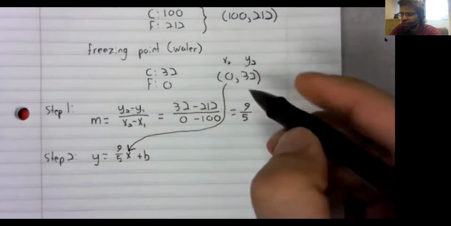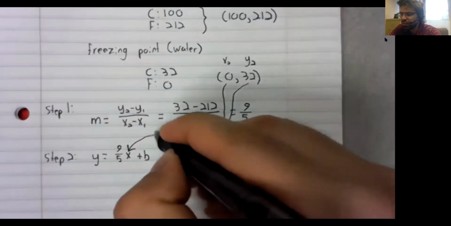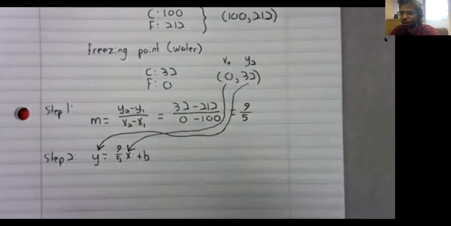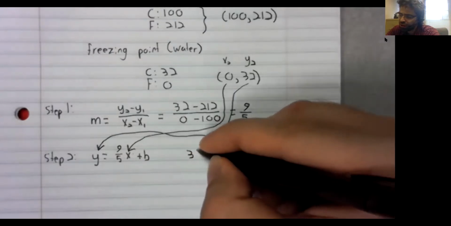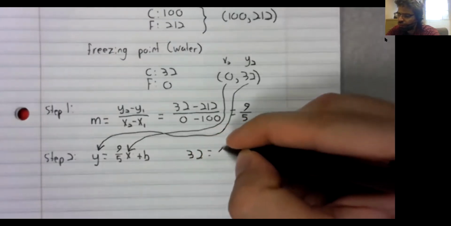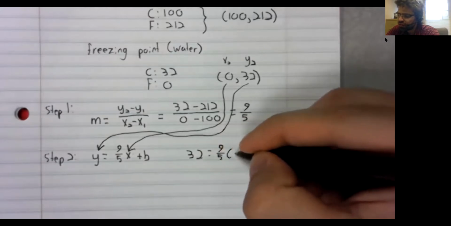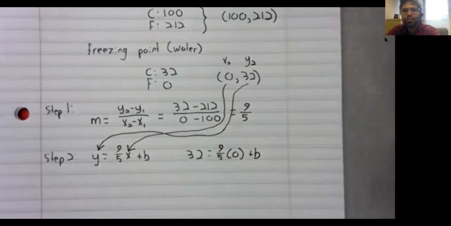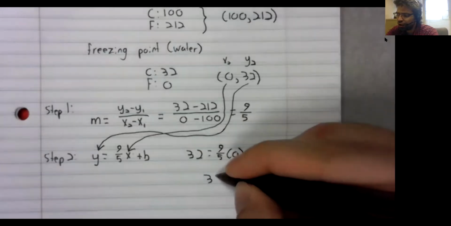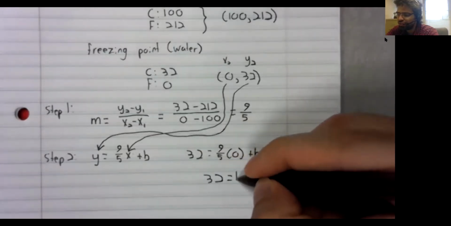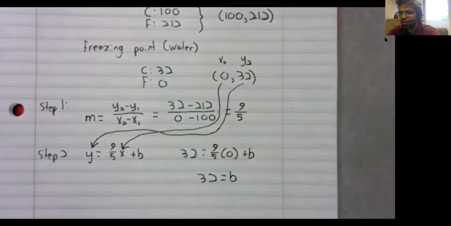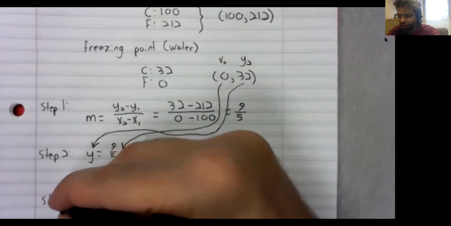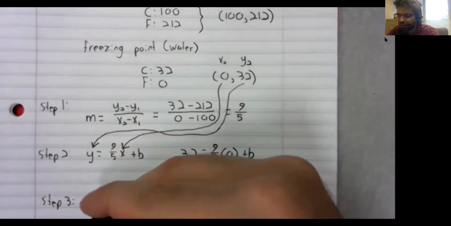I think I'm going to take the second point because the numbers are smaller and I like small numbers. 32 equals, and this simplifies nicely. 9/5 times 0 is 0. So 32 equals B.